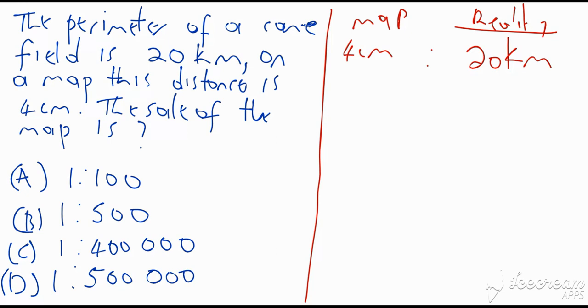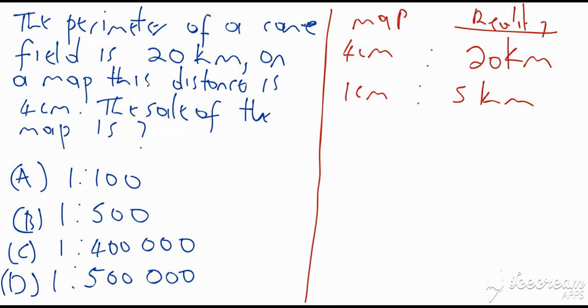Now, for me to compare this, I'm going to start by breaking it down to one unit. So if 4 centimeters represent 20 kilometers, it means that 1 centimeter would represent 5 kilometers. We're good there. Now, to get the scale, I need to know how much is 5 kilometers in centimeters. All right? So I can know it's 1 to how many centimeters.